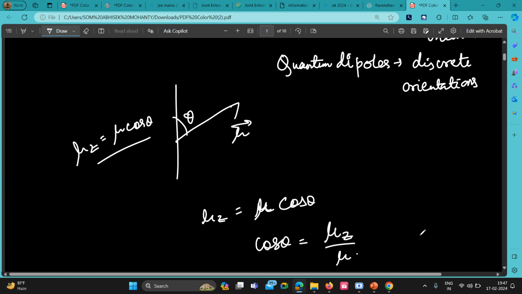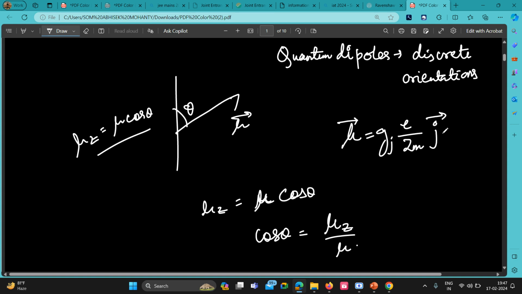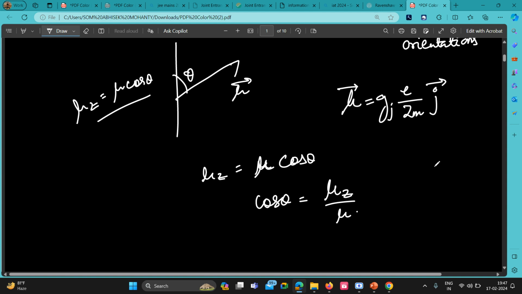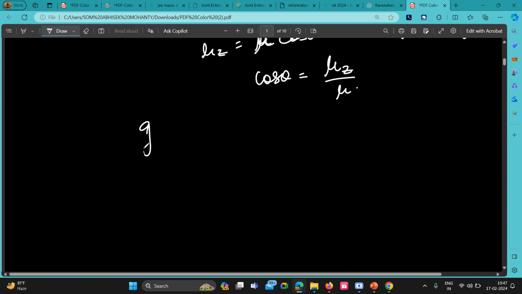Is that all right? From quantum mechanics, we know mu is equal to Gj e by 2m J cap. This is the magnetic dipole moment, where Gj is the Lande factor. The value of the Lande factor is Gj equal to 1 plus [S(S+1) minus L(L+1)] divided by 2J plus 1.